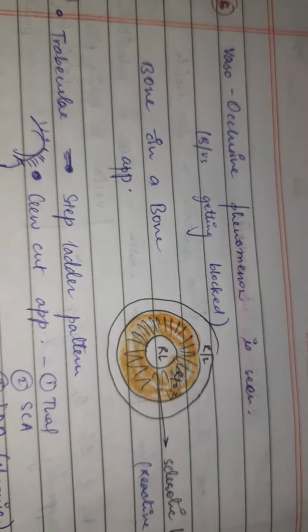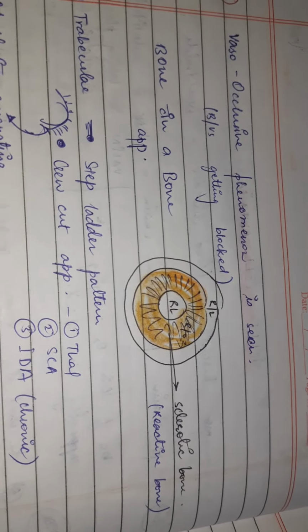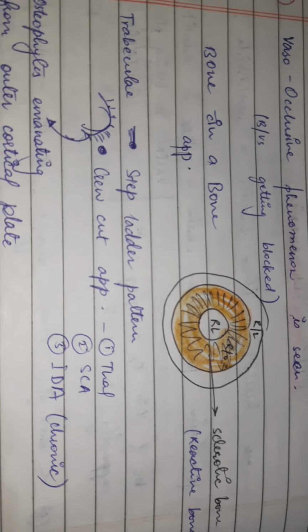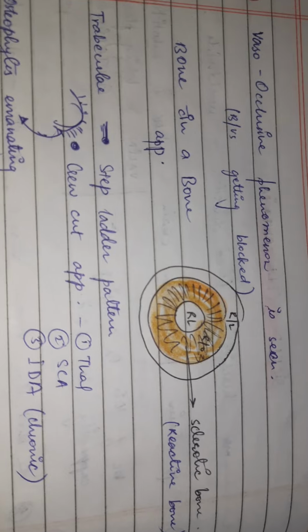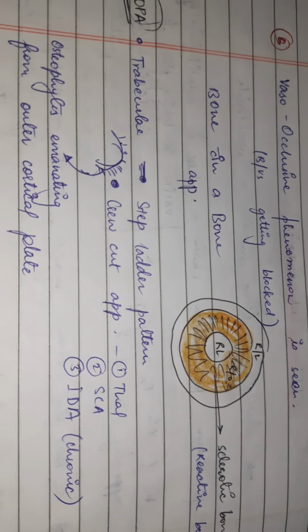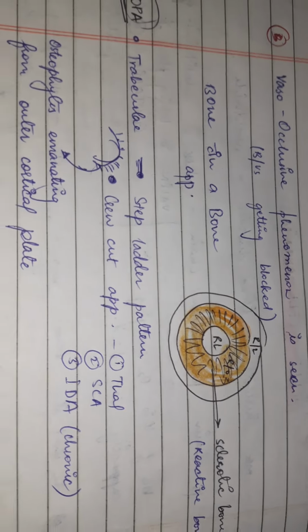Vaso-occlusive means it will occlude the vessels; blood vessels get blocked. Bone within a bone appearance is seen. In thalassemia, rib within a rib appearance is seen, but here bone within a bone appearance is seen.